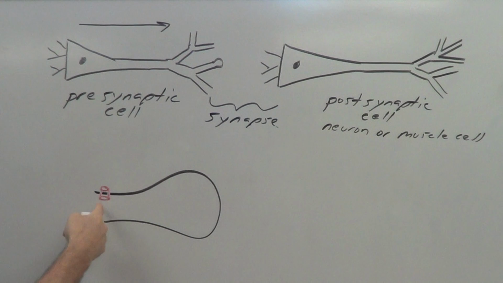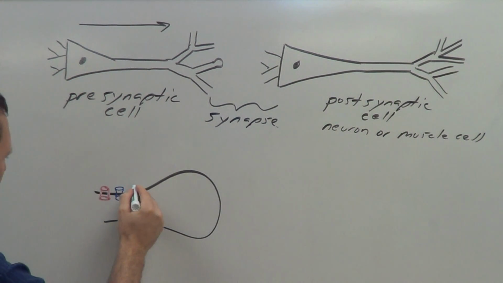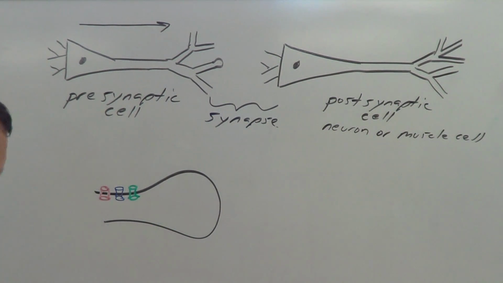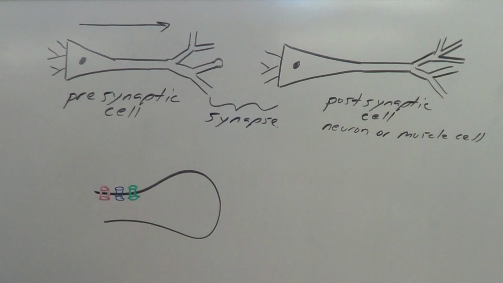This is going to be our voltage-gated sodium transport protein. This is going to be a voltage-gated potassium transport protein. And this is going to be a sodium-potassium pump. And these proteins repeat themselves over and over down the membrane of the neuron.